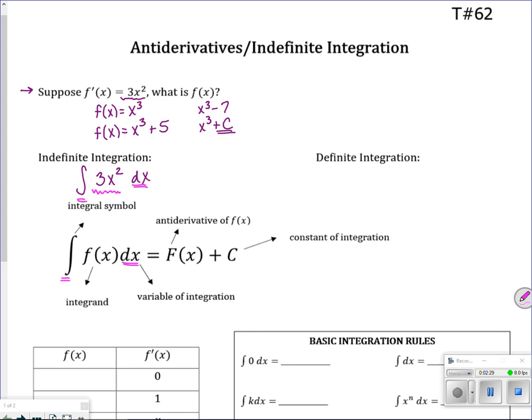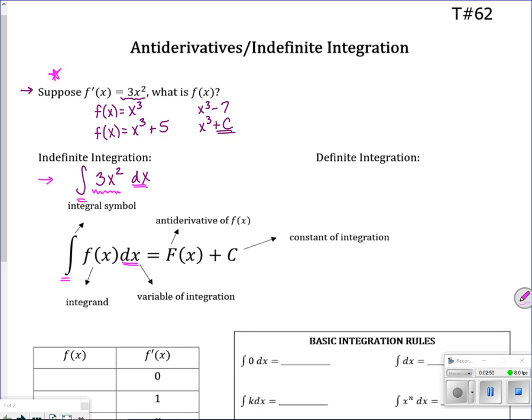So are you integrating over y? Are you integrating over x? So an integral has to have a d something on the end to tell you you're integrating over the variable x.